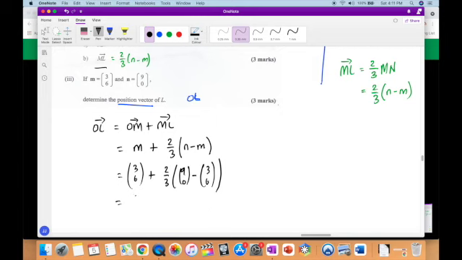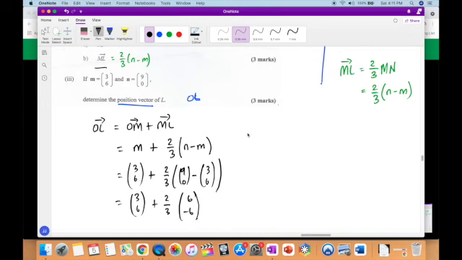So we can see here that this is 3, 6 plus 2/3 multiplied by, and this 2/3 here, I wouldn't put it in brackets because it's not a vector, it's actually a fraction, right? 2/3 multiplied by, well, 9 minus 3 is 6, and 0 minus 6 is negative 6, right?